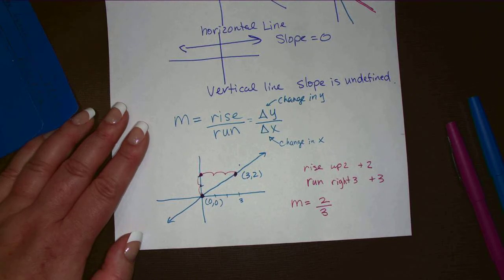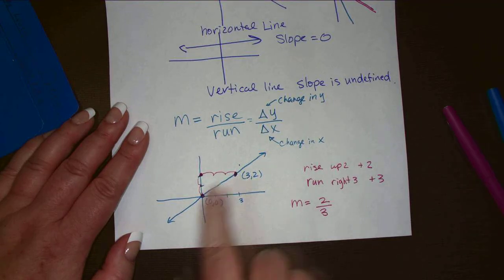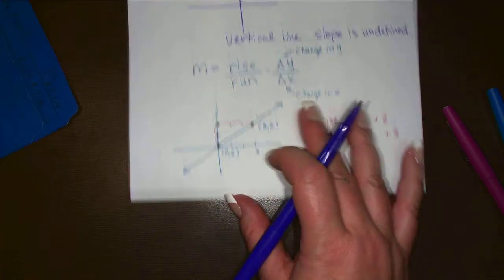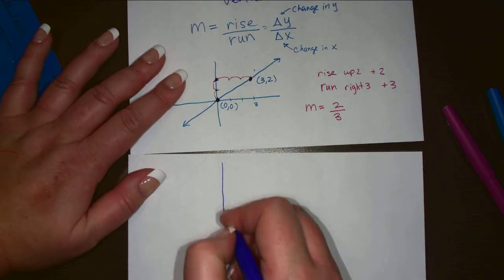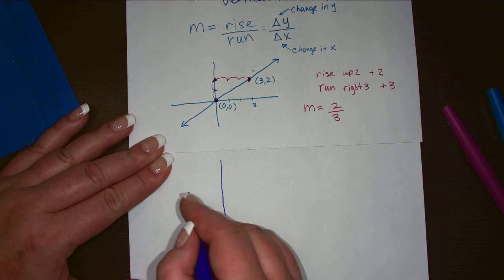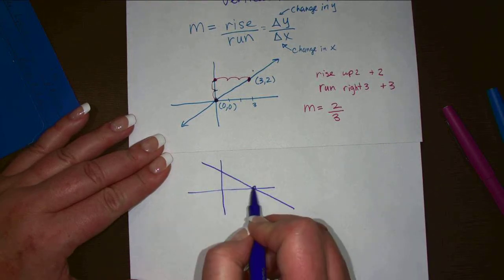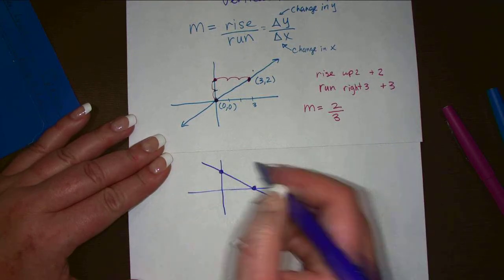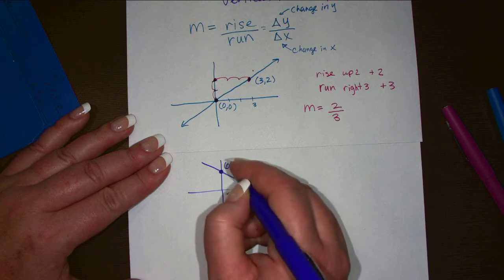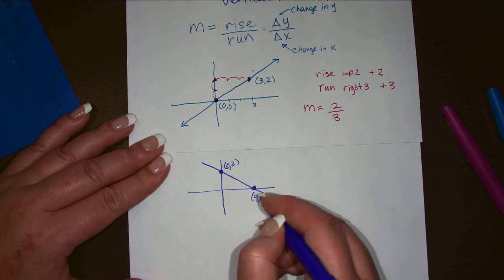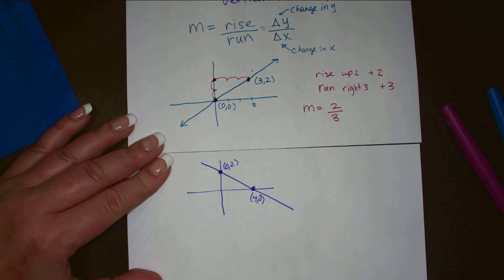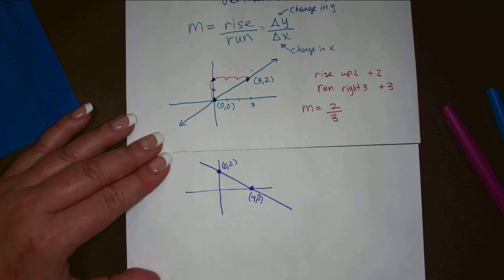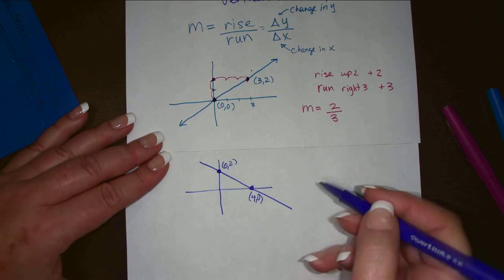Now, if we drew a negative line, I've got the intercepts on this line, and the line is negative. You go from one point to the other.